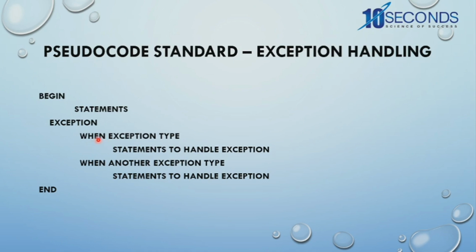So when exception type, this is where the exception type should come, and statements to handle the exception. Again, any number of exceptions. When another exception type, statements to handle the exception. So like this, it is very simple.